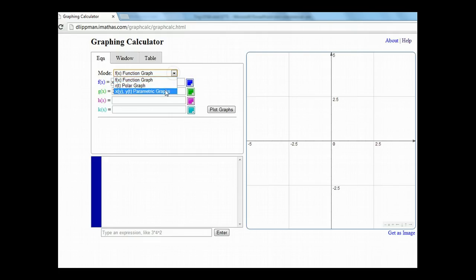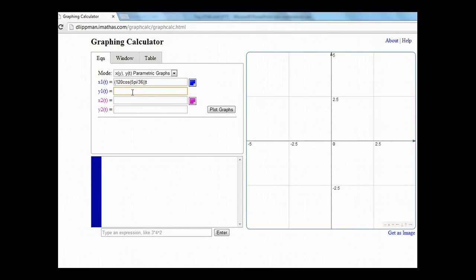Okay, so again, I'm going to make sure it's in parametric, and then I'm going to clear these out so I can type in my equation. Which was, be very careful typing this in, 120 cosine of 5 pi over 36. I need 2 parentheses there and a t.